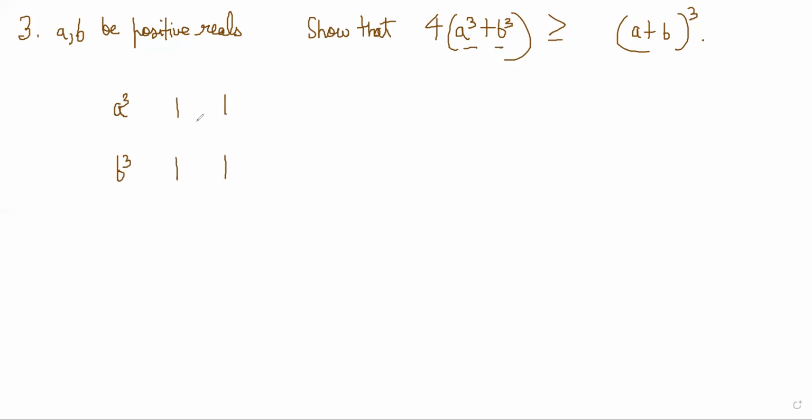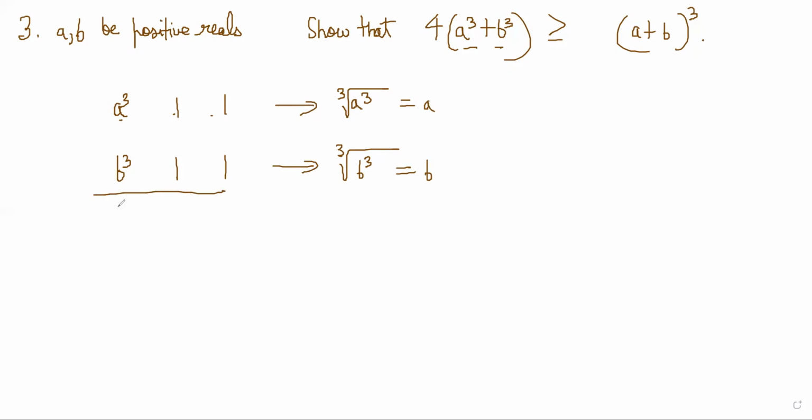Why did I take three terms in the sequence? Because finally I'll do cube root of a cube into 1, which is equal to a. And here also I'll do cube root of b cube, which is b. The row part will be sorted because it will be (a plus b) whole cube. And this is the column sum.